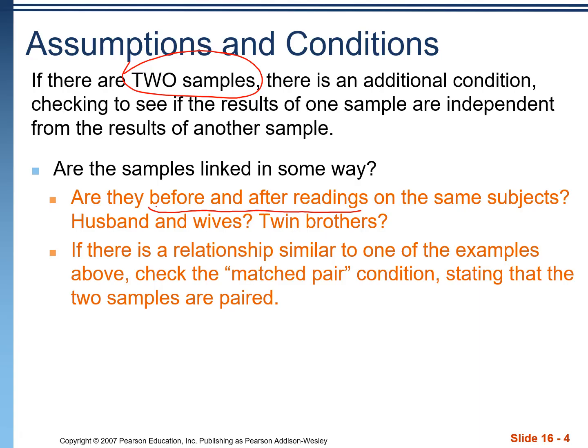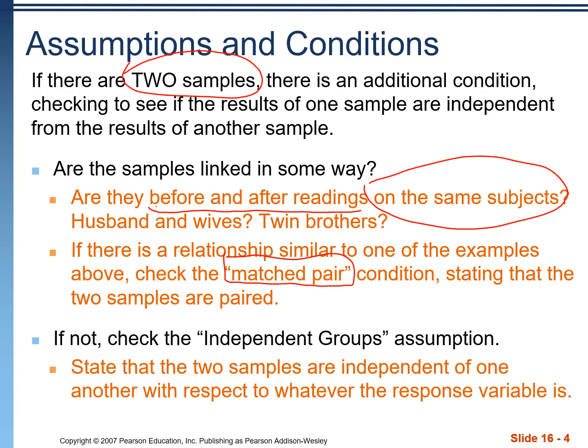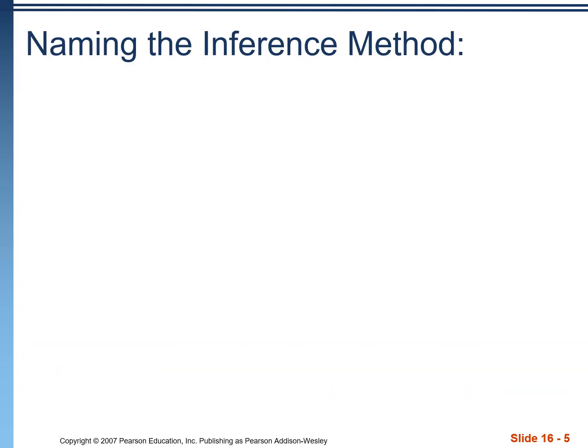If there's a relationship similar to any of these, we're going to check a matched pair condition instead of independent groups. They won't be independent if it's before and after on the same subjects. So instead we say these aren't independent, they're linked, they're paired data. If they aren't linked, we check independent groups just like above. State the two samples are independent with respect to the response variable. So those were the conditions.